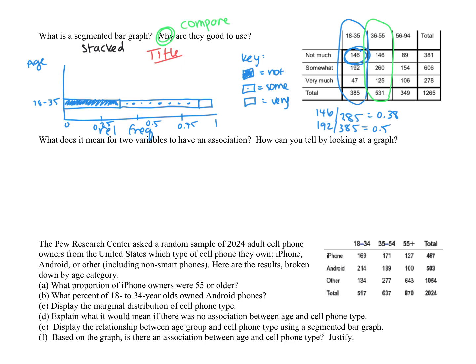So let's do that. We're not going to do the third one, but we'll do the second one. So this time, 146 divided by the total of 531, and I get about 0.27. That's about here, let's say.